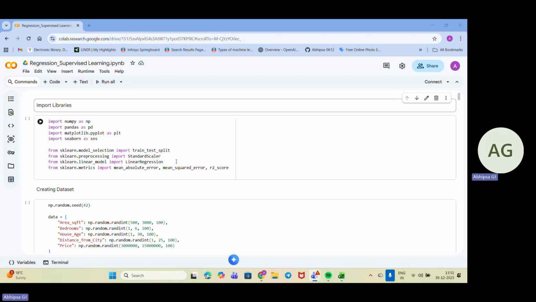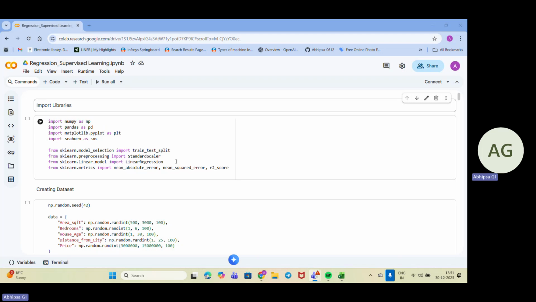Before starting, let's discuss the evaluation part first, then we can move ahead accurately. In the last session we already discussed the error part.